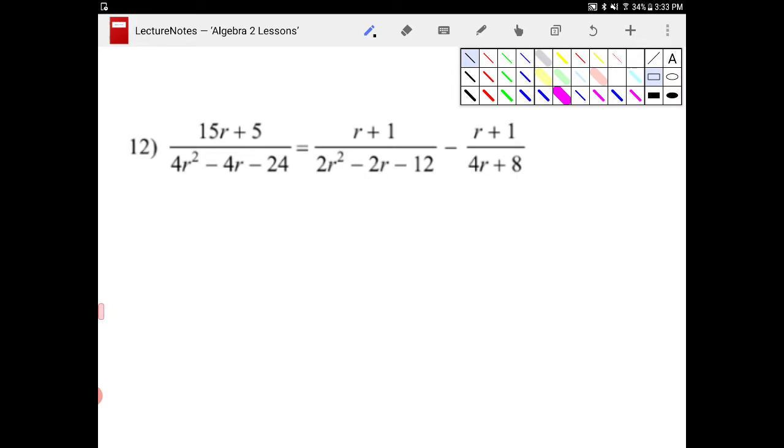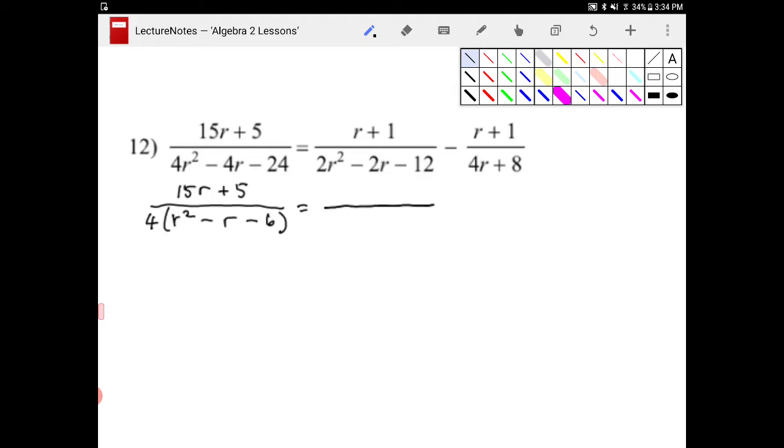So looking at this, the fraction on the left, this is 15r plus 5 over, I want to figure out the factors here. This is the same thing as 4 times r squared minus r minus 6.